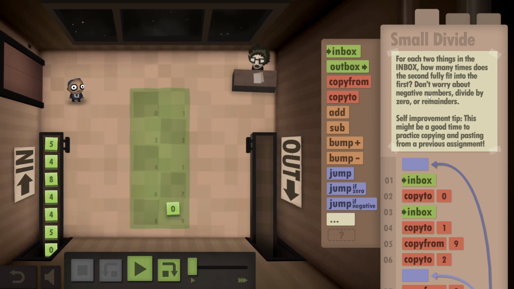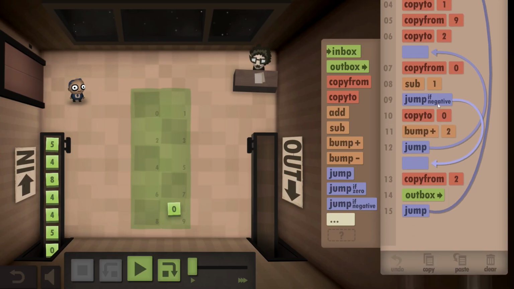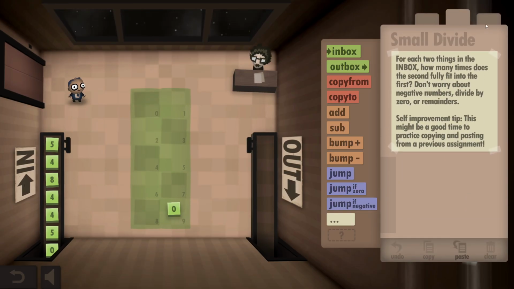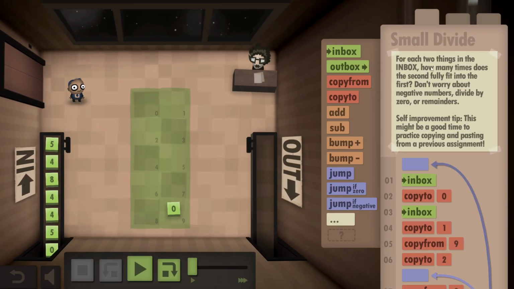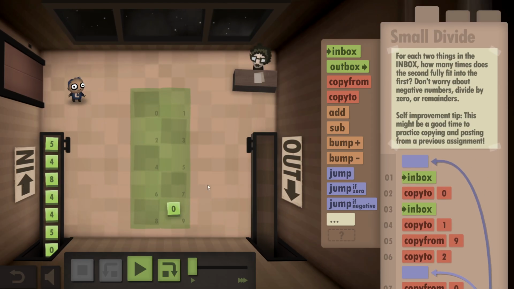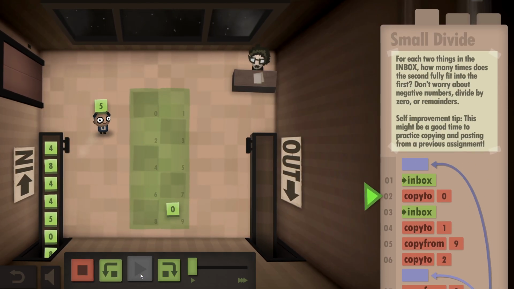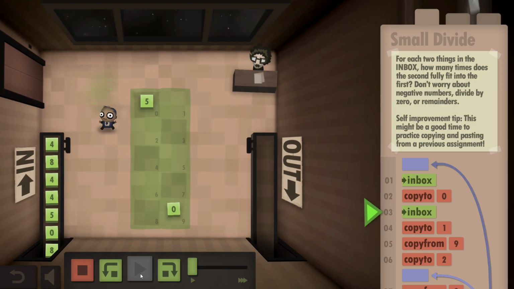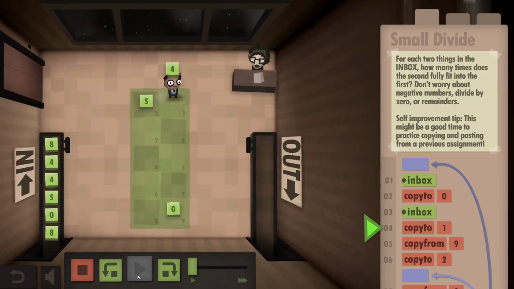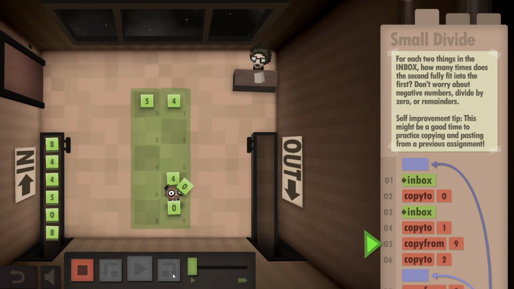Don't worry about negative numbers, divide by 0, or remainders. Let me play this. How many times does it fit? I'm gonna do it manually.